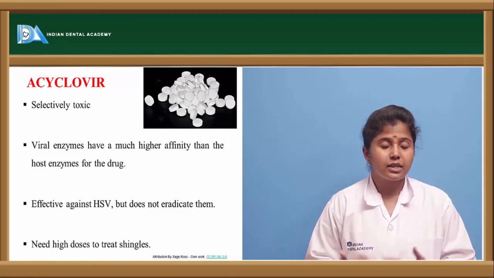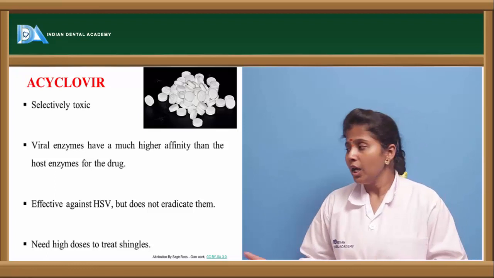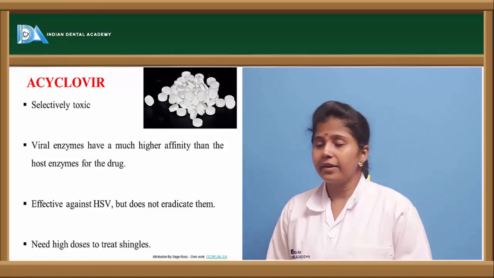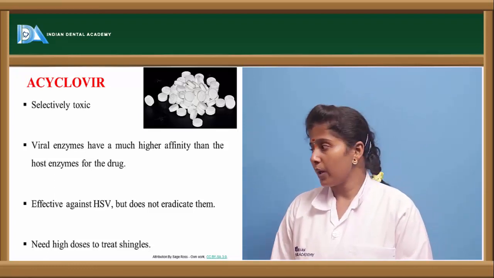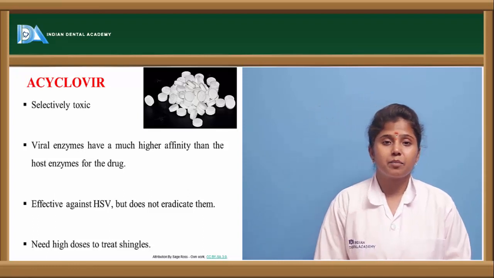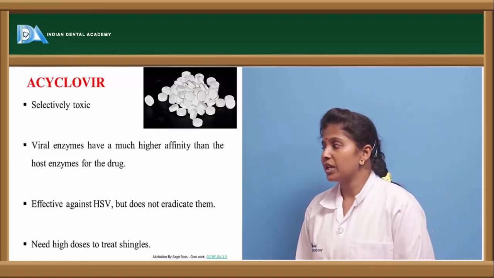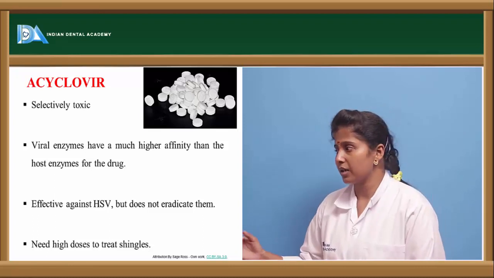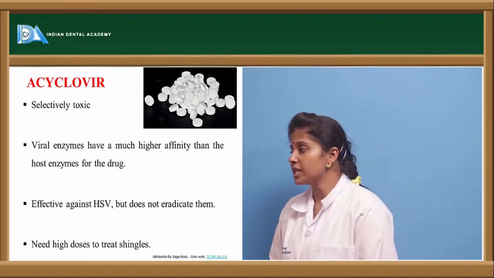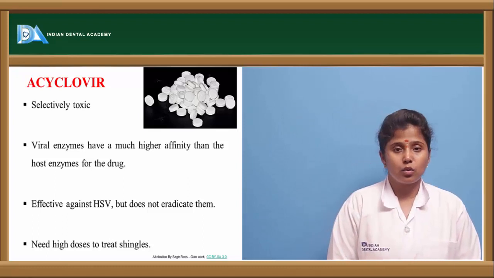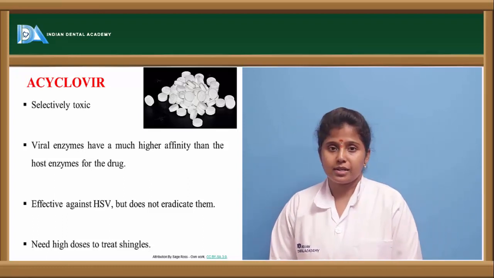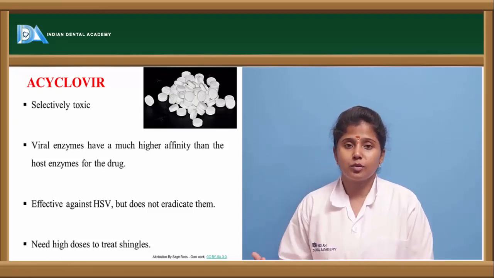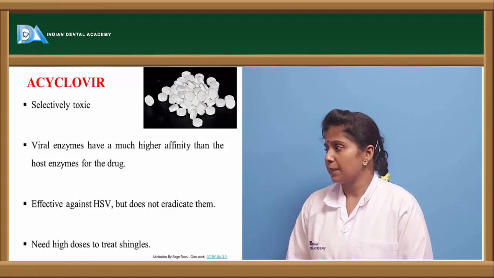Thereby this drug is not that toxic to the human body, and it is very effective against the herpes simplex virus, but it does not eradicate it. It will not kill the virus, it will only inhibit it, and it needs higher doses to treat shingles. In this condition the drug should be given in higher doses.